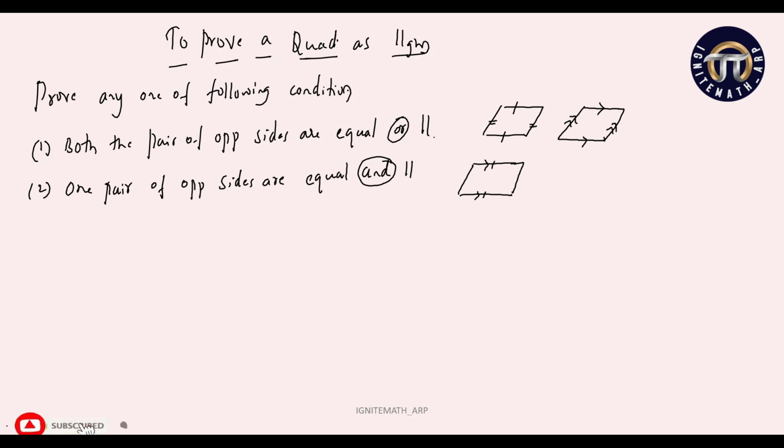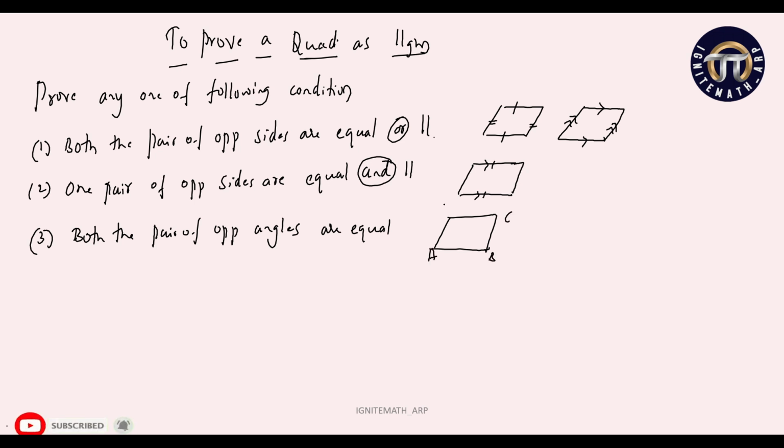Then also we can say the quadrilateral is a parallelogram. Or prove that both the pair of opposite angles are equal. In the sense, if this is a quadrilateral, I need to prove that this angle is equal to this angle, or this angle is equal to this angle.